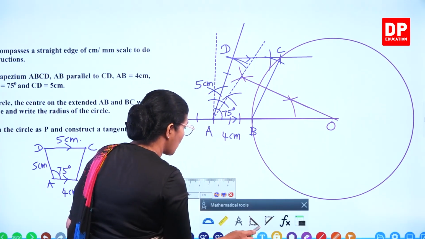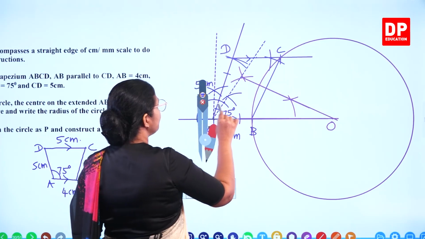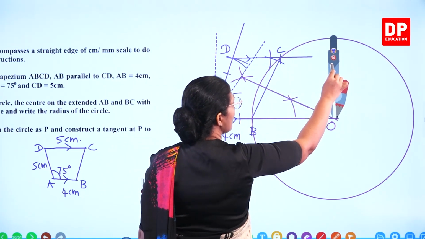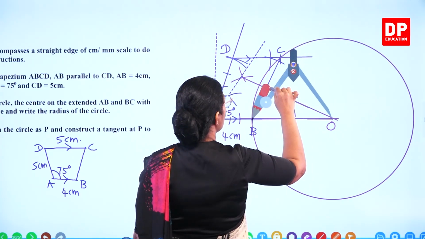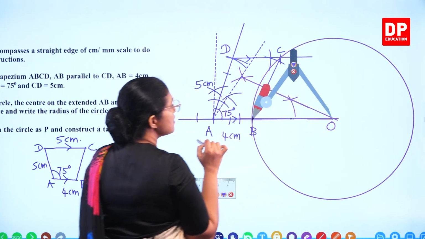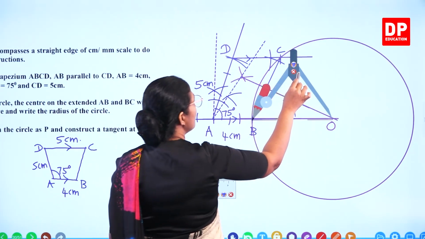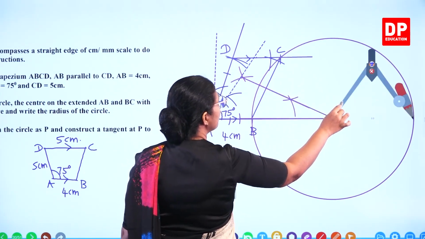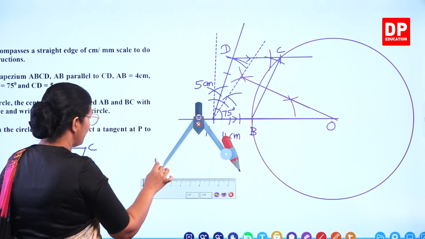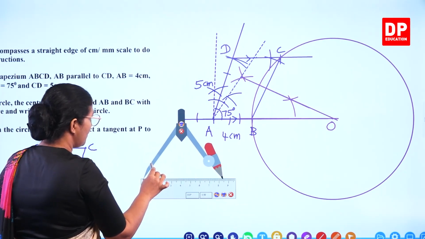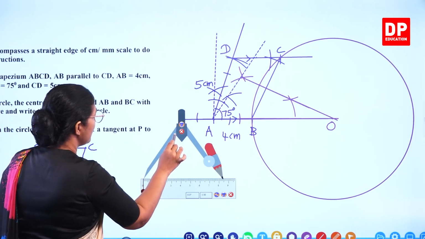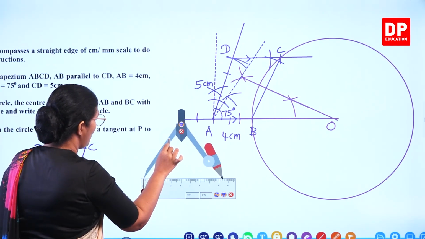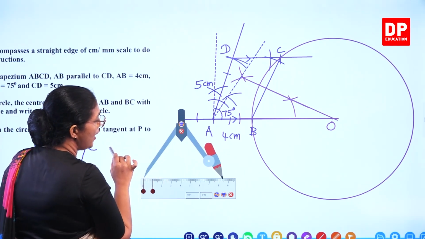So let's take the compass and just do that. So this distance, we'll measure it. So I'm getting 8.4. 8.4.